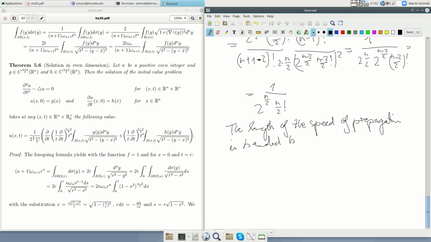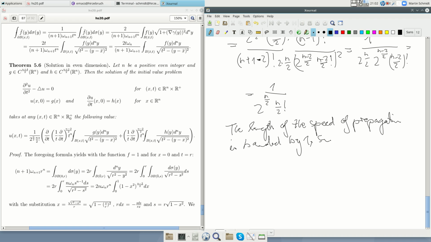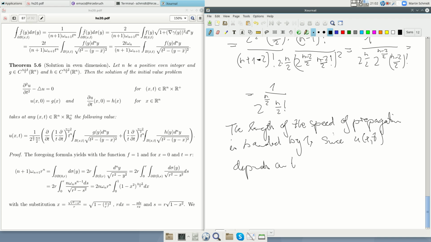This time it's bounded by 1, because we have an integral over the ball, since u of x,t depends on the values of g and h on the whole ball. So not only on the boundary, where the speed would have length 1, but on the whole ball.